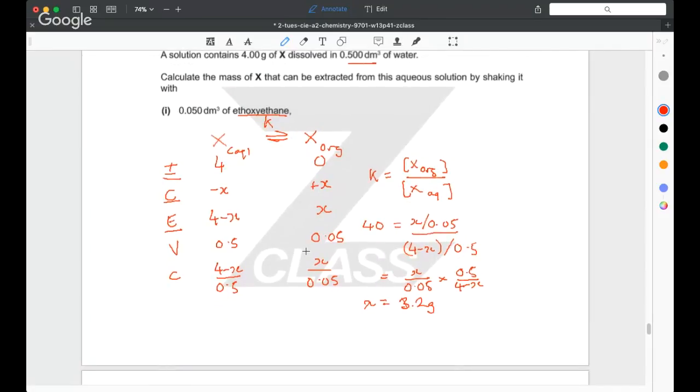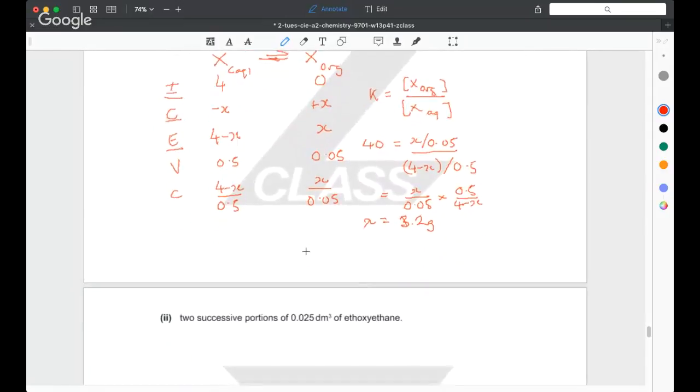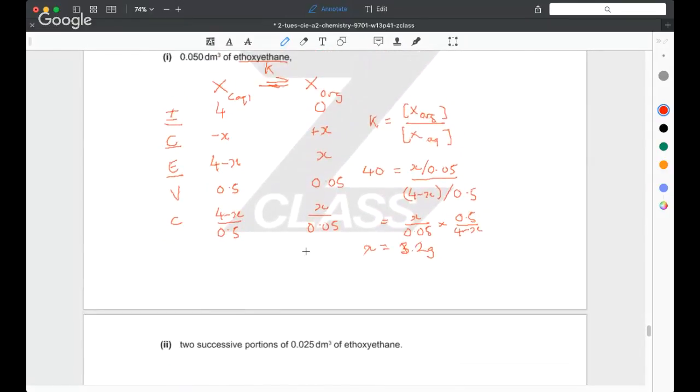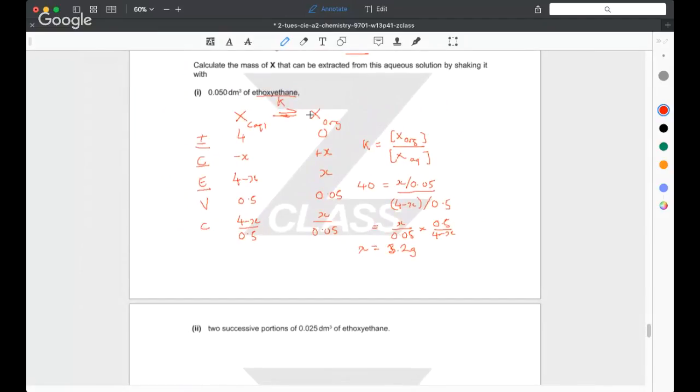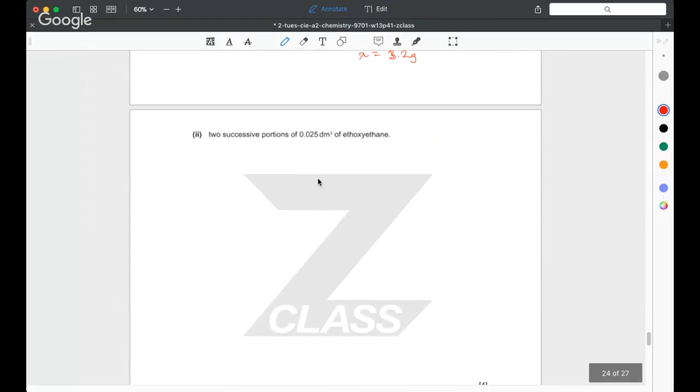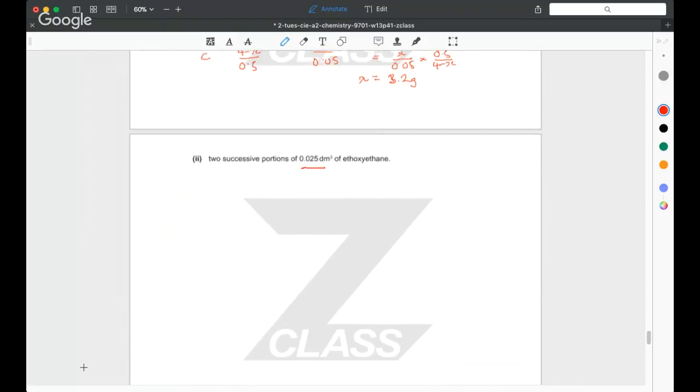Now, once you've worked through that once, it becomes much easier to work through it again, because they're contrasting, aren't they? Just doing the partition once with 0.05 decimeters cubed of the ether, or doing it with the total same volume, but doing the partition twice, each with 0.025 of a decimeter cubed of the ether.